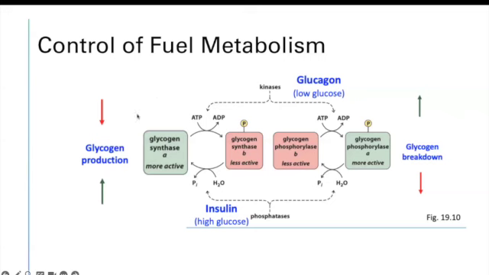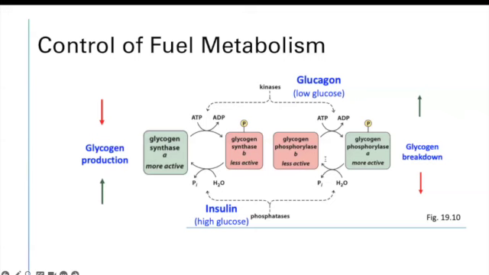On the other side, insulin-activated phosphatases will dephosphorylate glycogen synthase B, which is less active, and it's going to turn into its active state, glycogen synthase A. It's going to be more active. We're going to produce glycogen.